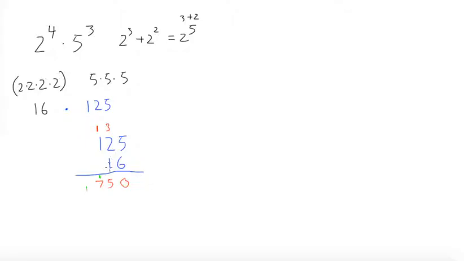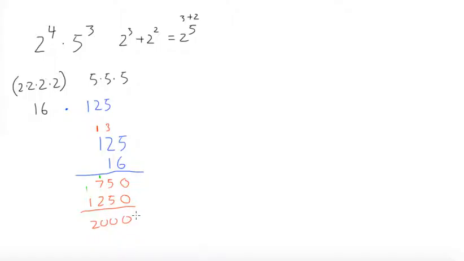See, that 1 is not just a 1, it's a 10, and then there's another 6 ones that make 16, all right? And I said you add that 0 because it's really 10 times 5, which is 50. If you don't get that, just remember to put a 0 there, and then 1 times 5 is 5, 1 times 2 is 2, 1 times 1 is 1, and then add them all together, and you're going to get that 2,000.